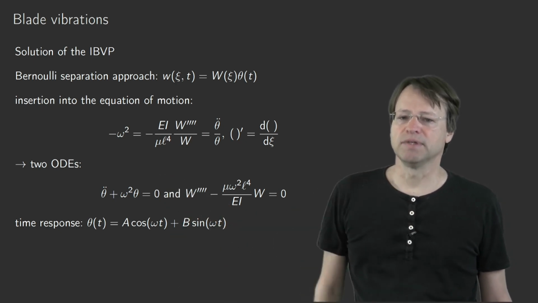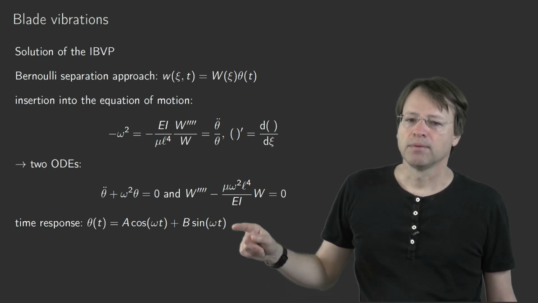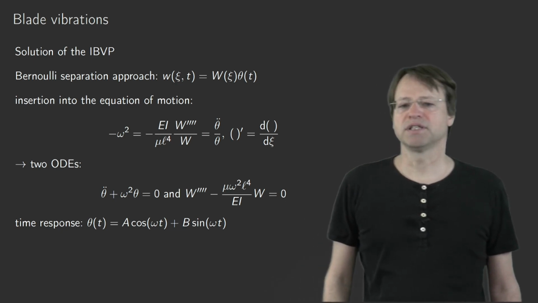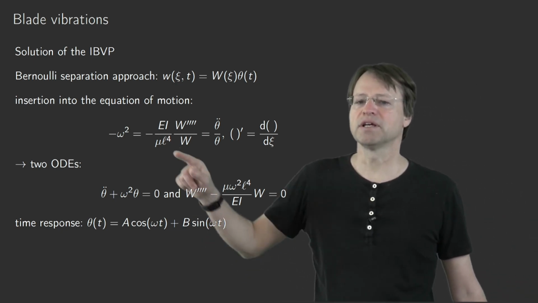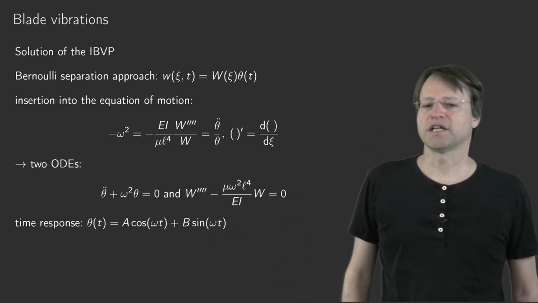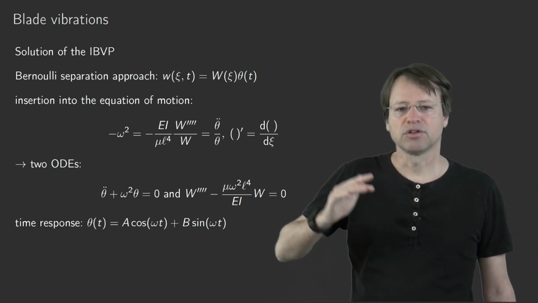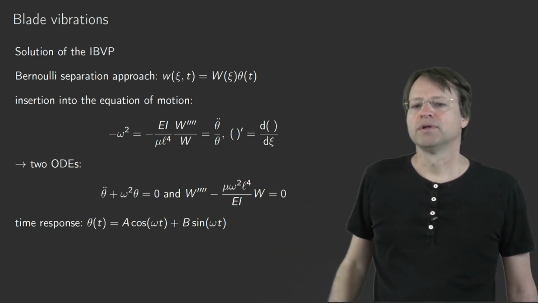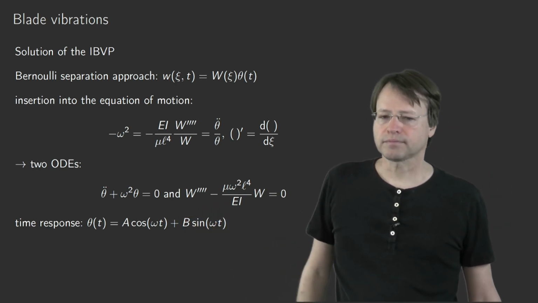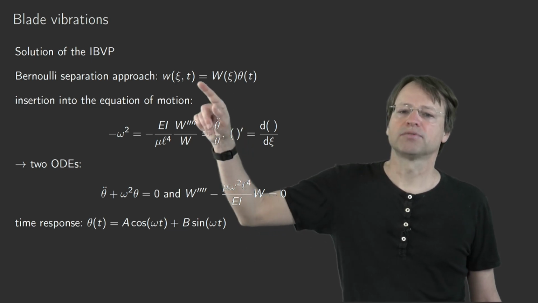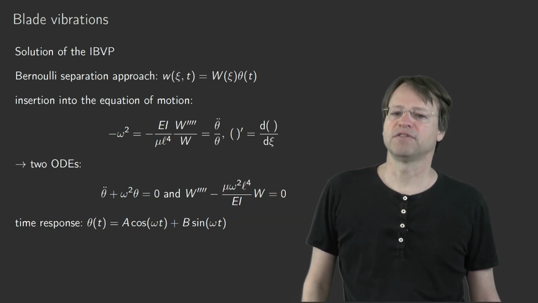For the time dependence, we know the response. We know that the solution is A cosine omega t plus B sine omega t, and therefore omega here plays the role of the natural frequency. It determines the natural frequency of the time-dependent behavior of the response for our deflection field.